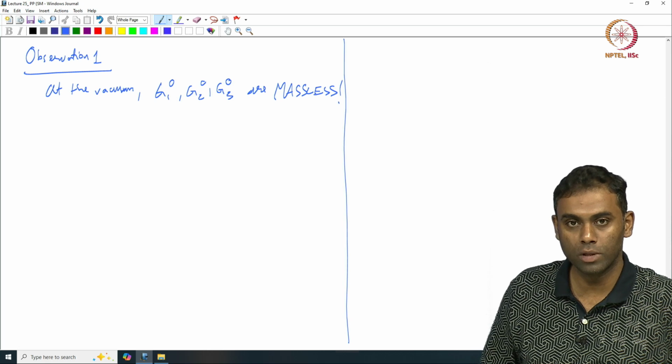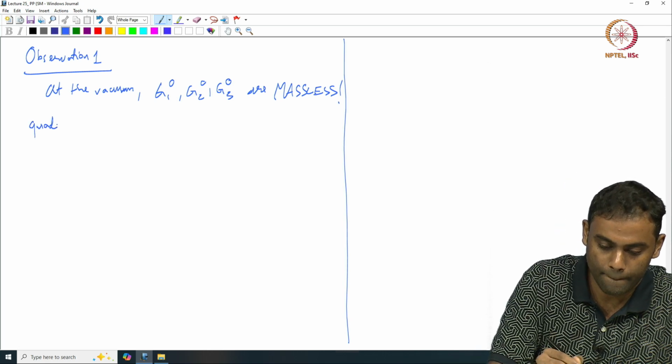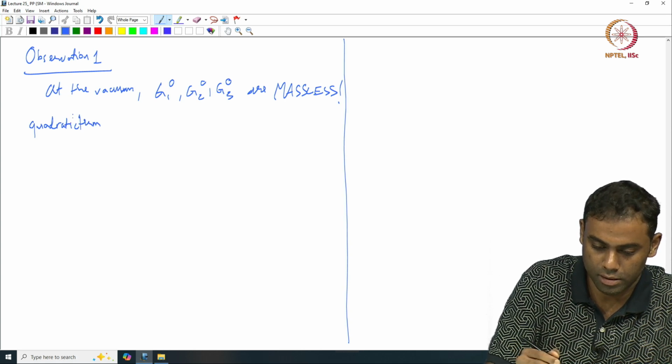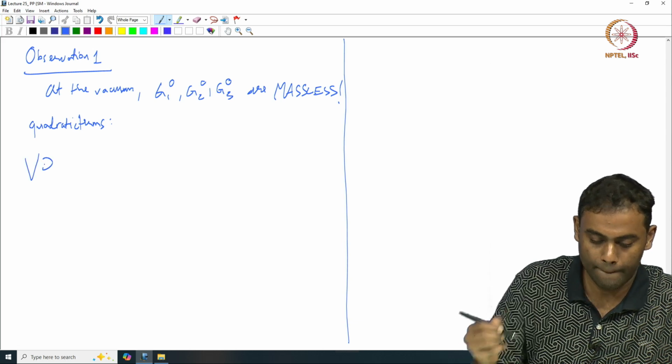Okay. How do I do that? I have to look at the quadratic terms, right, of these fields. And how would the quadratic terms look like?